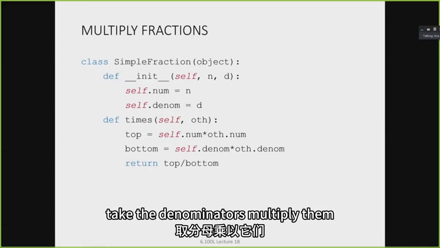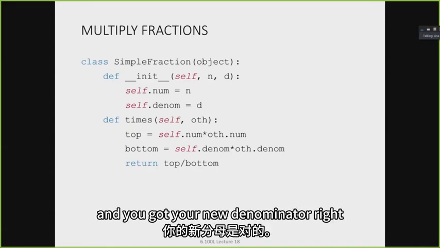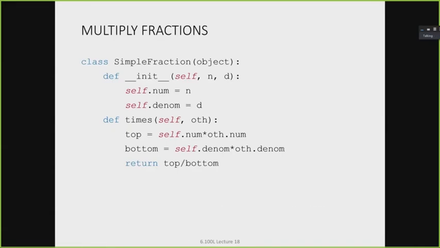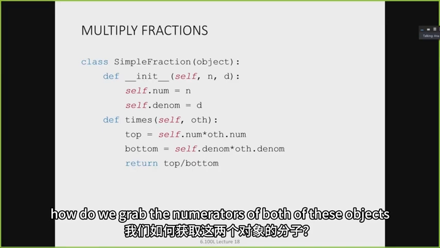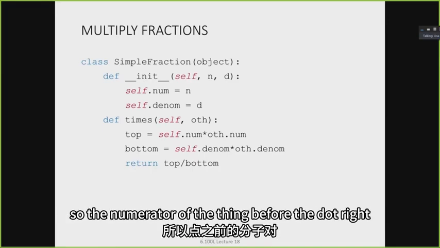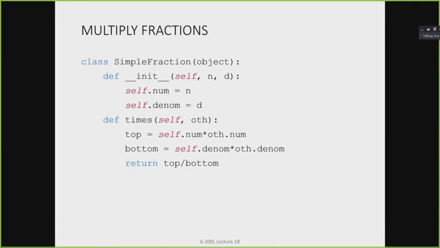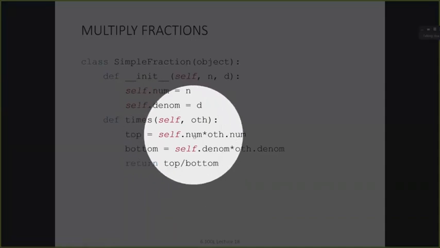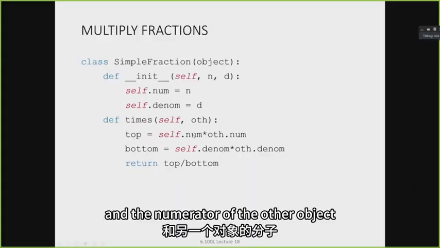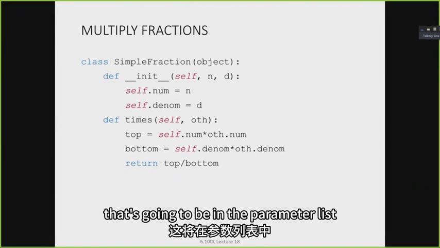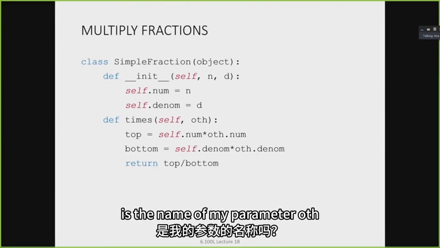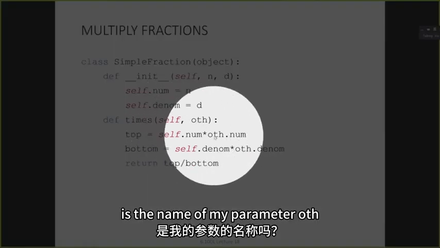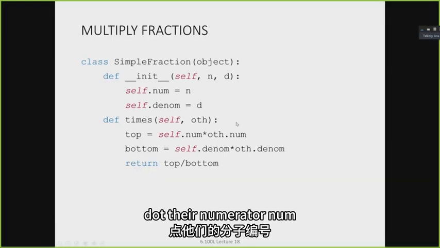Take the denominators, multiply them. You've got your new numerator and your new denominator. So how do we grab the numerators of both of these objects? The numerator of the thing before the dot, that maps to self, is self.num. And the numerator of the other object that's going to be in the parameter list is the name of my parameter, OTH, dot their numerator, num.